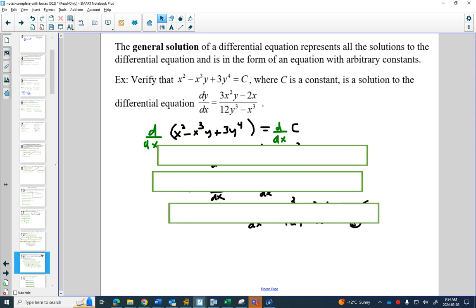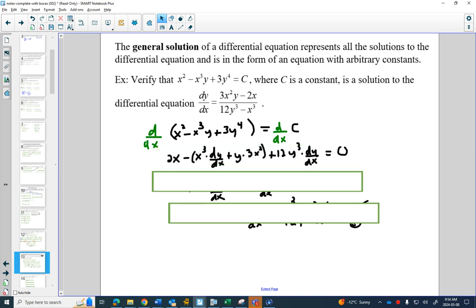And whenever you have a y, you have a chain rule, so you always have to write dy dx afterwards. The derivative of x squared equals 2x. Then we subtract. And notice that I put brackets. I'm going to make my brackets bigger and square and fancy. If you're subtracting a product rule, make sure you put it in brackets.